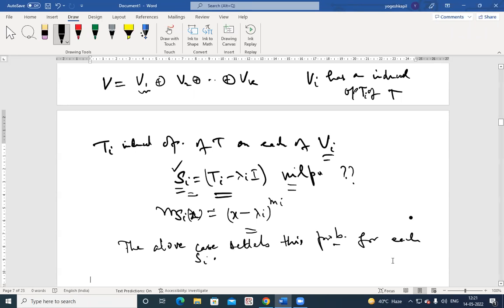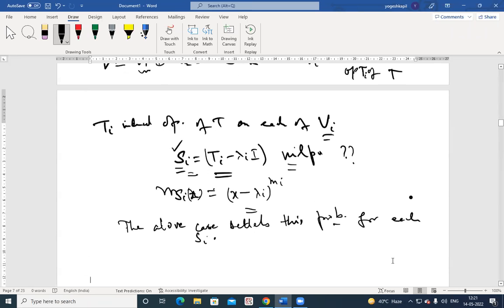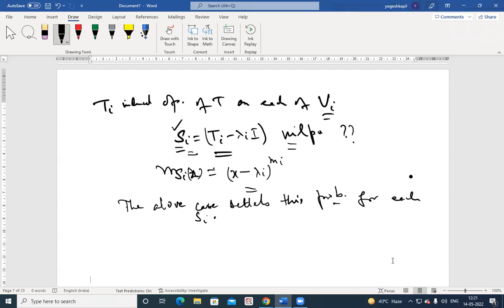If this settles for each Si, then the matrix of T would be a block diagonal matrix with blocks as Jordan blocks of these Jordan chains.